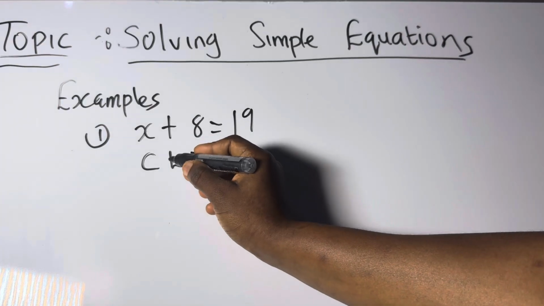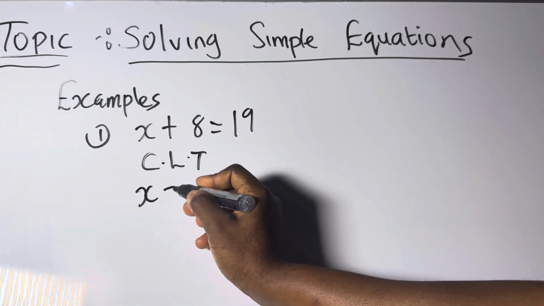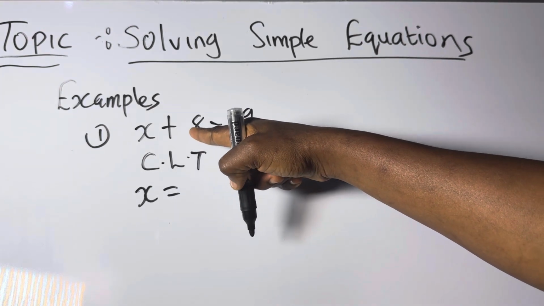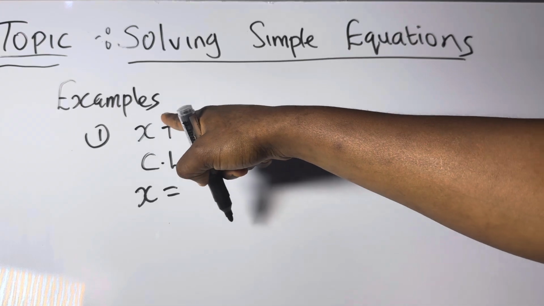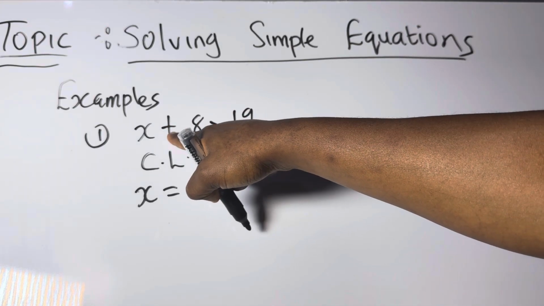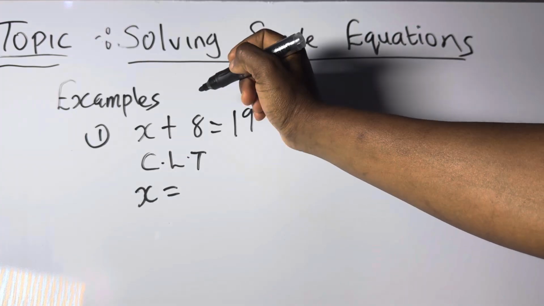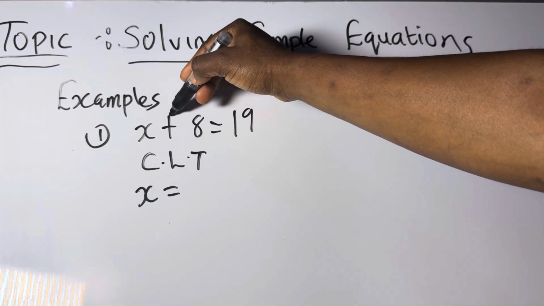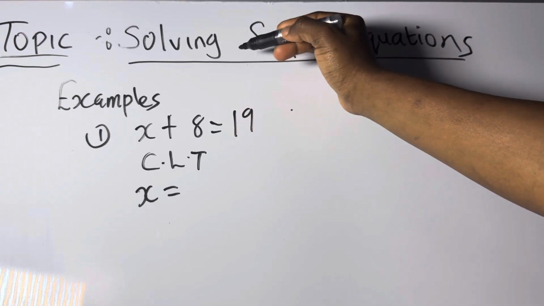Collect like terms by saying x equals, I'm going to move 8 to the other side. Don't forget there's a plus sign at the back of 8, which means if this plus crosses to the other side, the sign changes to minus.